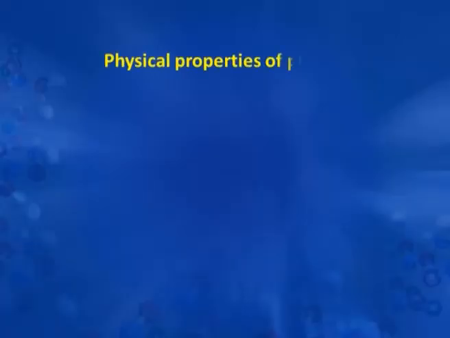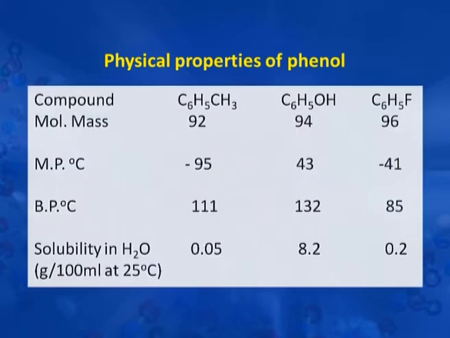In the present slide, we are going to compare the physical properties of phenol with those of aromatic hydrocarbons and halogen substituted aromatic compounds. Look here in this slide, we have toluene, which is an aromatic hydrocarbon, phenol, and this is fluorobenzene, which is a halogenated aromatic compound.